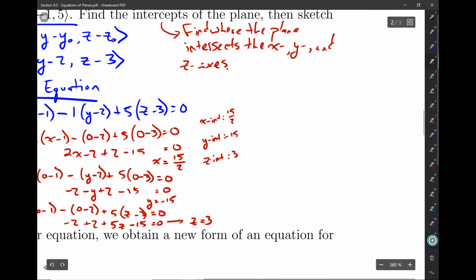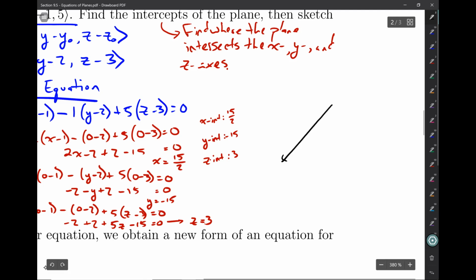Now we actually want to sketch this. In order to sketch our plane, it's kind of a difficult thing to do, sketch a plane on a plane. So this is going to take a little bit of creativity and ingenuity, but we always start out in the same way. Actually draw our axes.